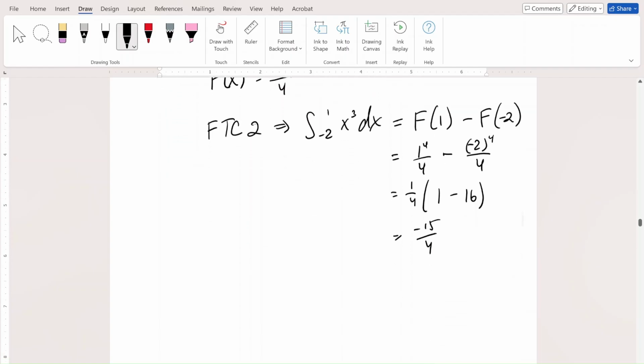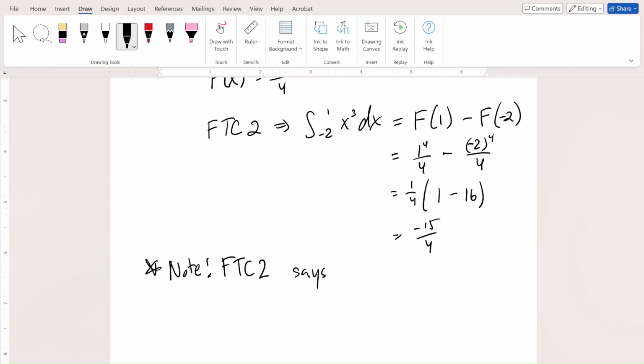Okay? And also, I'll put a star here, note that the fundamental theorem of calculus part 2 says that we can use any, keyword any, antiderivative of lowercase f.